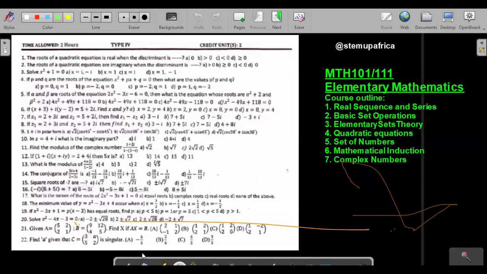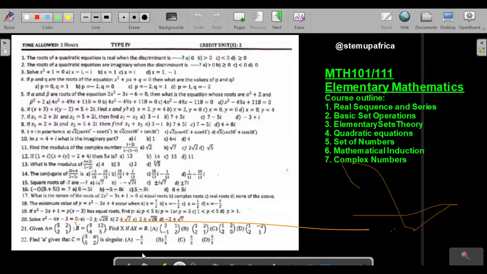So let's start with the first question that says the root of a quadratic equation is real when the discriminant is what? Let's first of all understand the concept of discriminants.